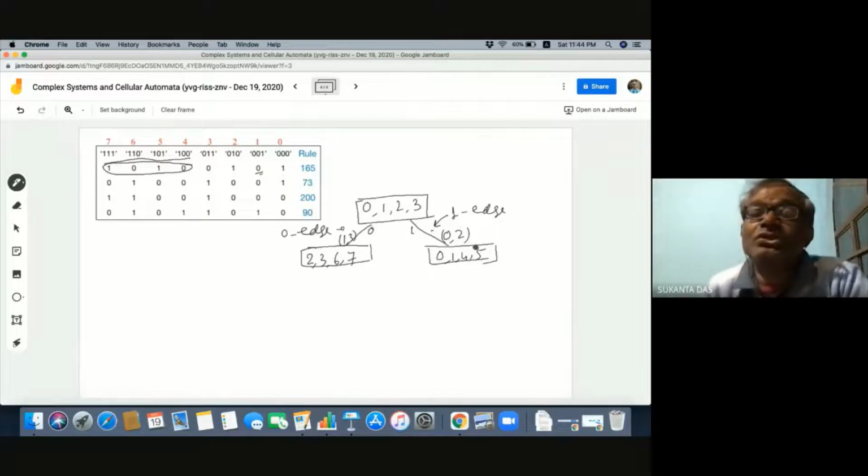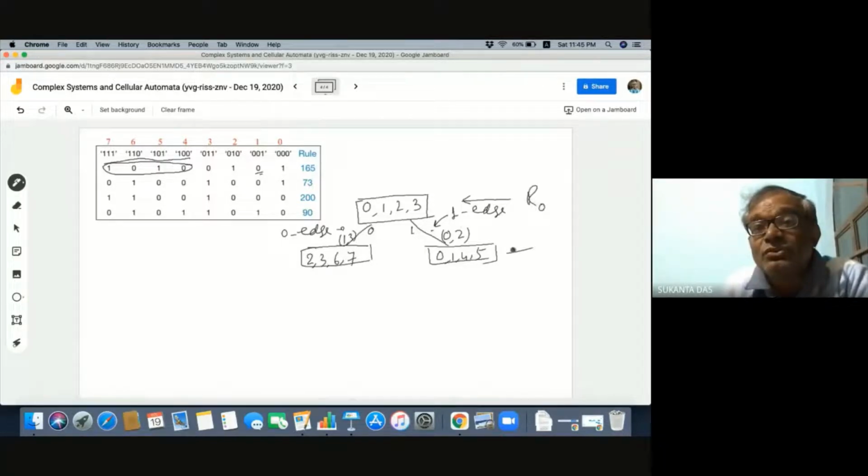So I have written 0, 1, 2, 3 in the root. Then 2, 3, 6, 7, 0, 1, 4, 5. These RMTs are for rule R0. These RMTs are of rule 1 in this way.